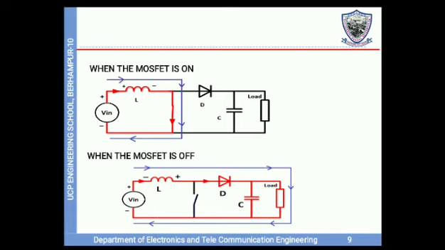Let's see the second figure, when the MOSFET is off. When the MOSFET is turned off fully, the inductor can no longer support its magnetic field around it. So its collapse makes the inductor itself act as a DC generator in the above shown electrical polarity.